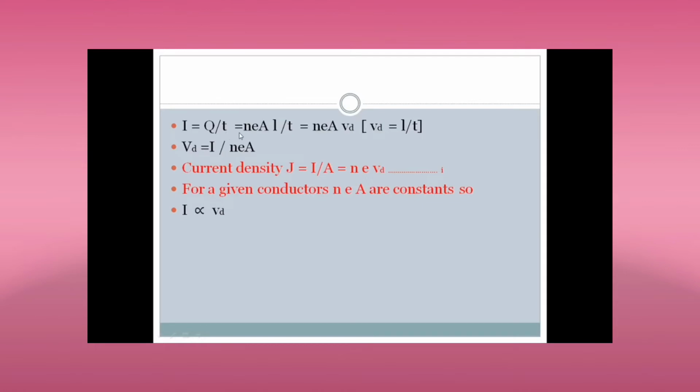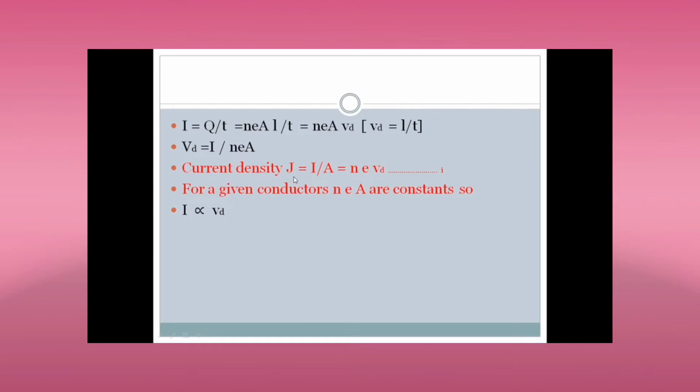Now putting the value of Q in this expression, I is equal to neAL upon t. Length upon time, or displacement upon time, is the velocity. So here it is drift velocity, so in place of L upon t, I am writing vd. So I is equal to neAvd, or vd will be equal to I upon neA. Now we also know the formula for current density.